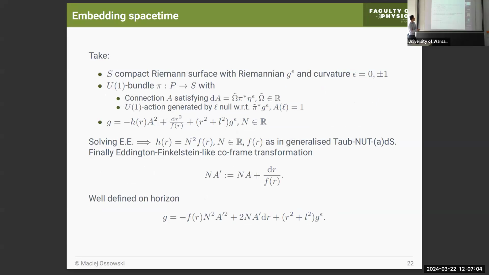And it turns out that it's enough to embed all of those horizons.